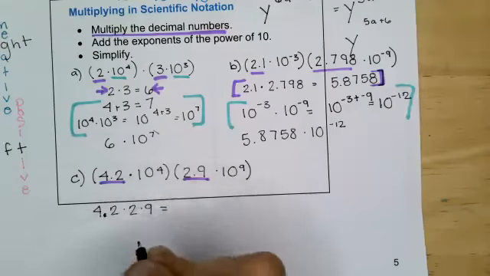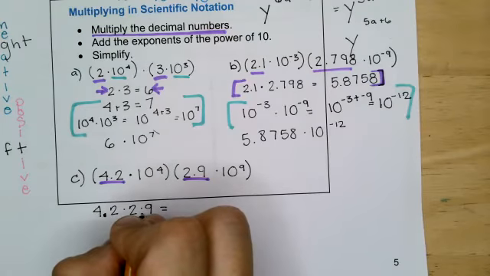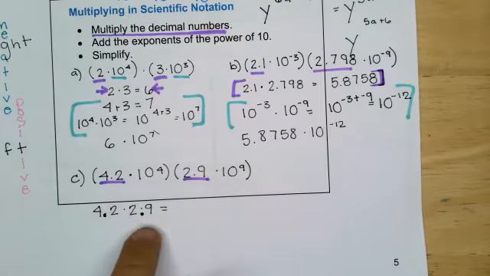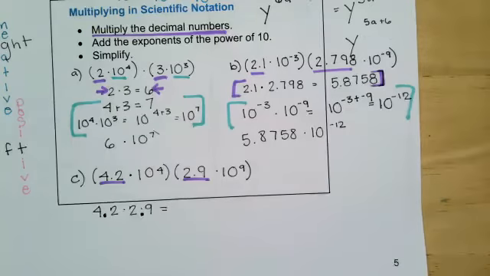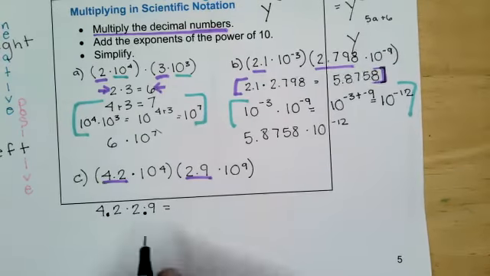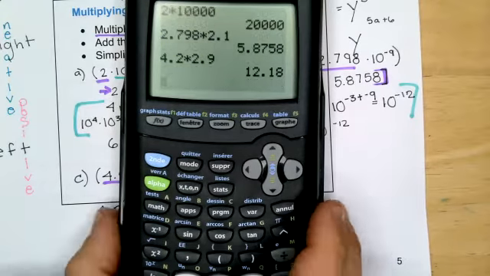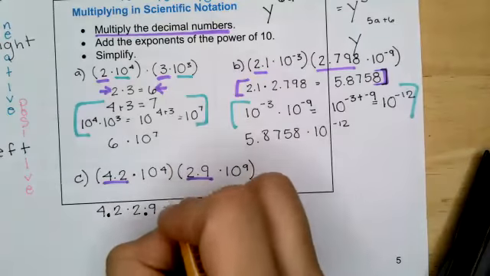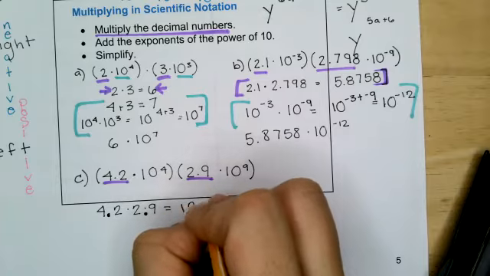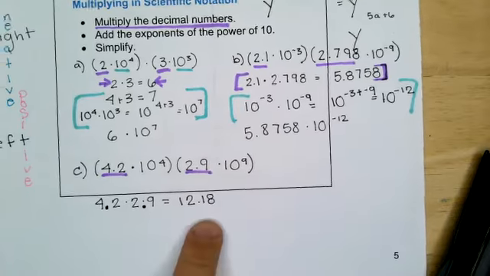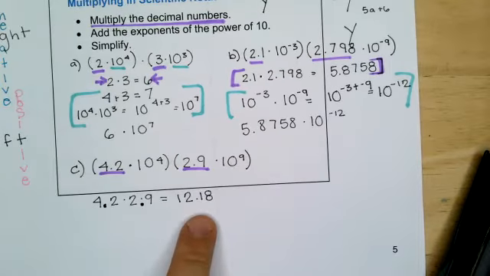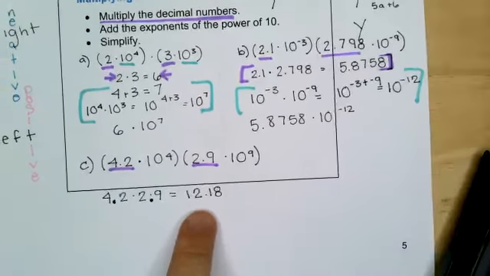Put that into your calculator. 4.2 times 2.9 is 12.18. No longer in scientific notation, unfortunately, but we can keep going.